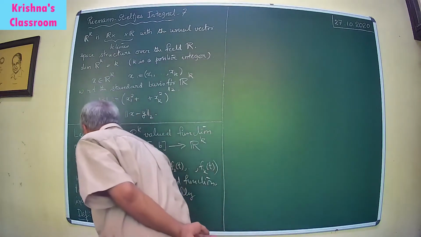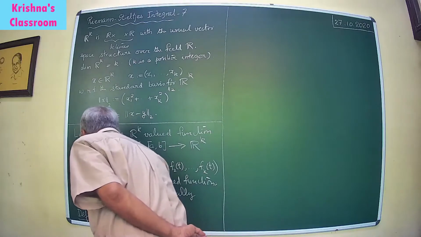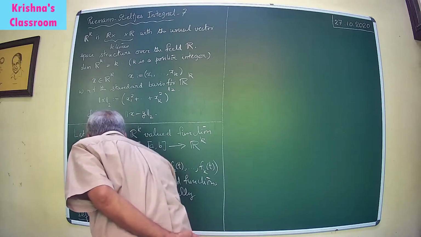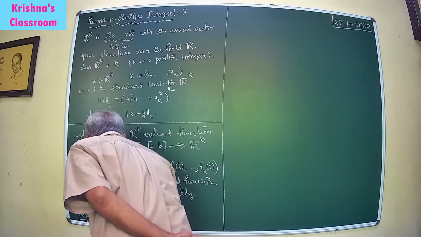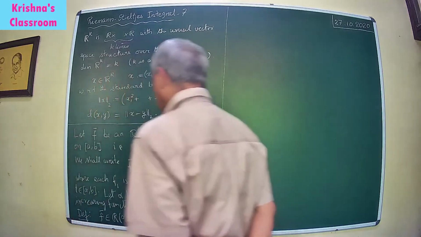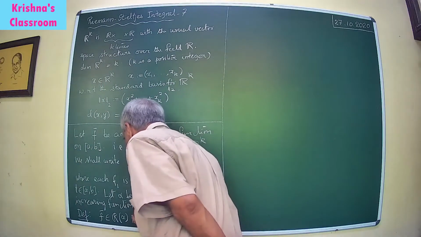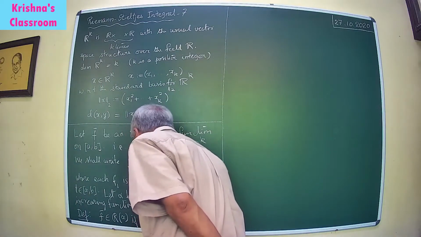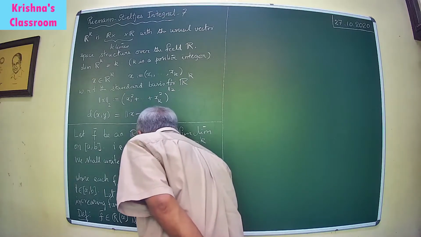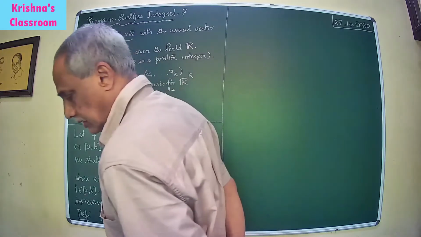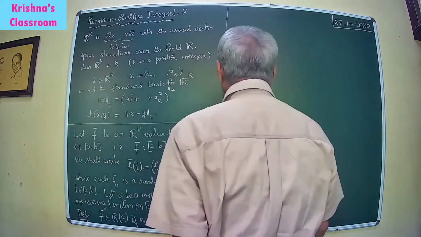We write f bar belongs to R alpha, Riemann Stieltjes integrable with respect to alpha, if and only if each fj belongs to R alpha.